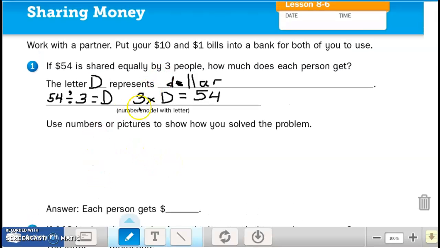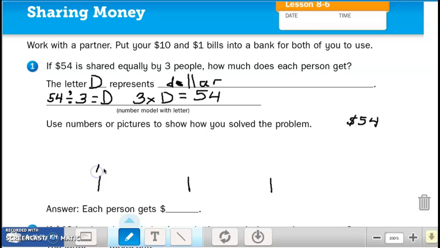So again, we have 3 people. I am just going to stick my people down here, my stick fingers, 1, 2, 3. And we have 54. I'm just going to put that over here to remind me that I have $54. Now I know I'm going to use the highest number, the 10, to share. I could share 10 with each one.